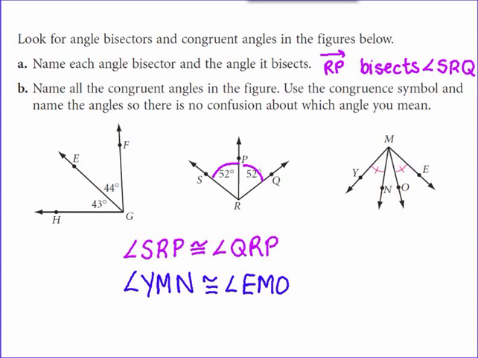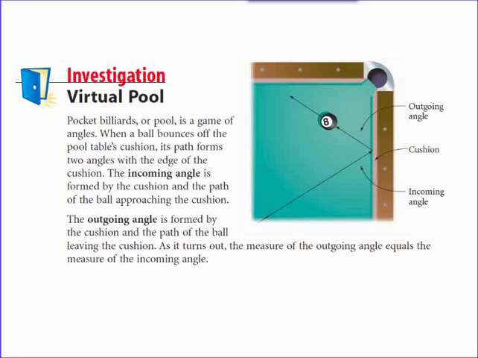All right, let's look at the next slide. It talks about virtual pool. Pool uses a ton of angles. It says pocket billiards or pool is a game of angles. When a ball bounces off the pool table's cushion, its path forms two angles with the edge of the cushion. The incoming angle is formed by the cushion and the path of the ball approaching the cushion, right here.